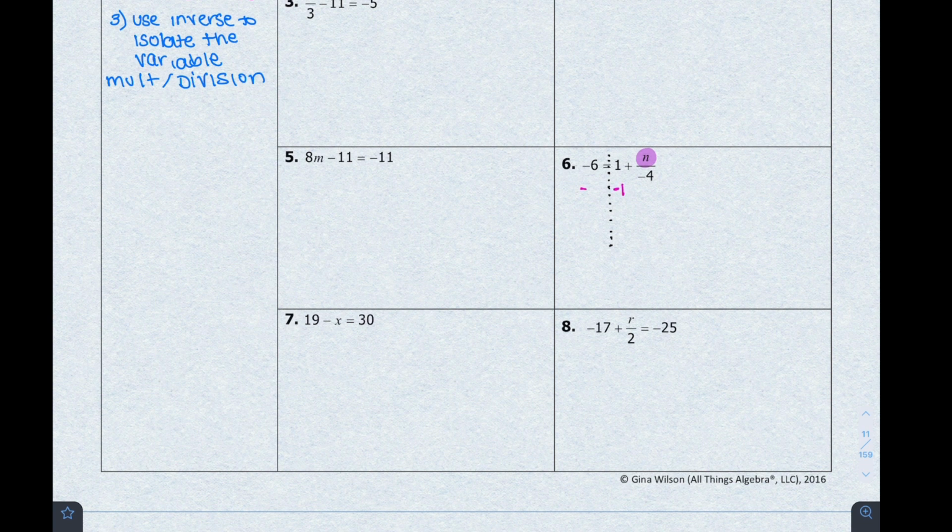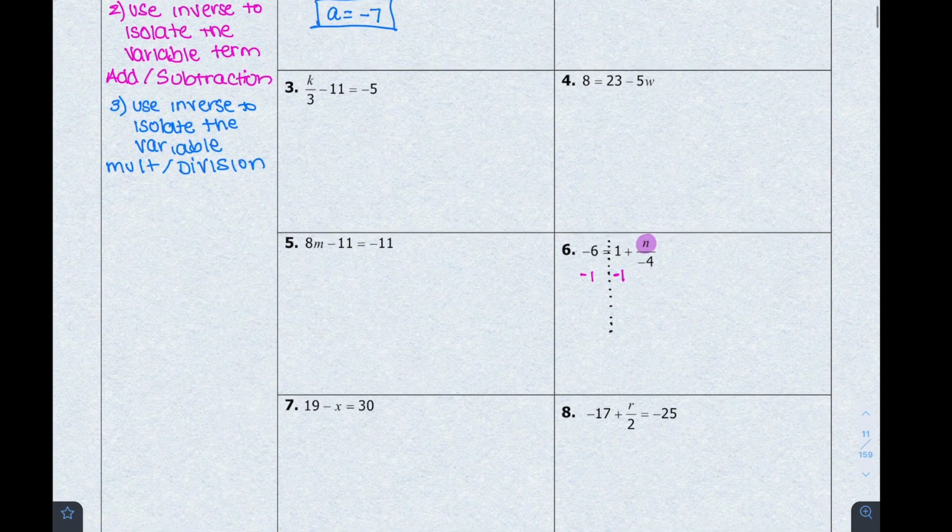And I subtract that from the other side. So now I have a -6 and a -1. That ends up giving me a -7. And that's going to equal n divided by -4. Remember, my job now is to make sure that this n stays by itself on one side, that it's completely isolated.